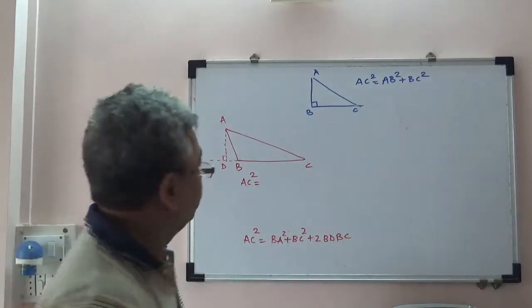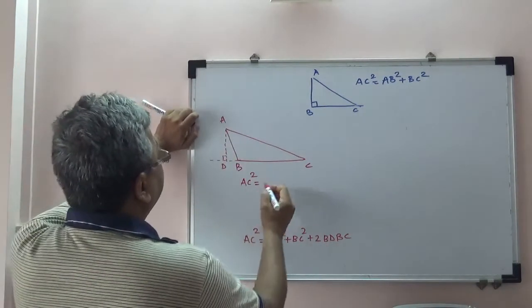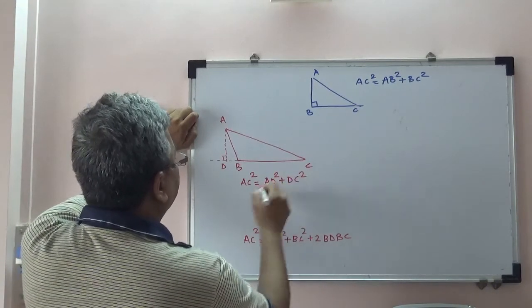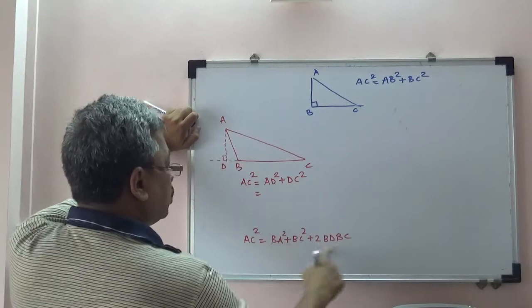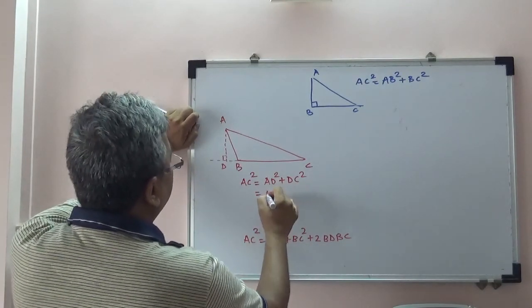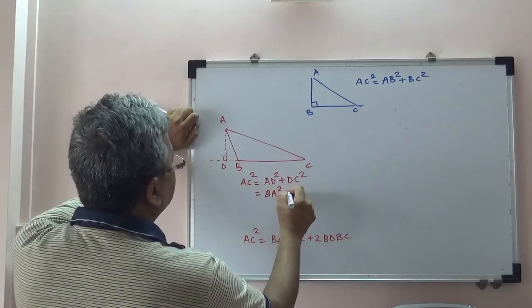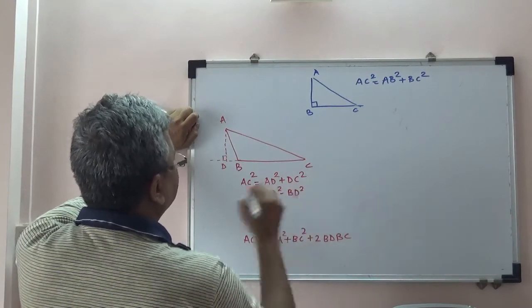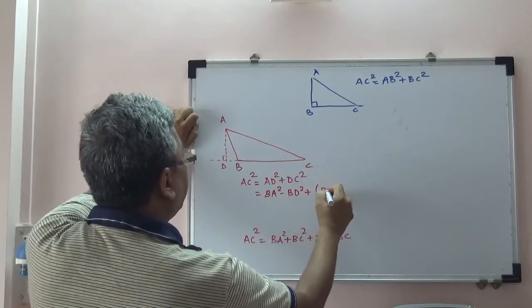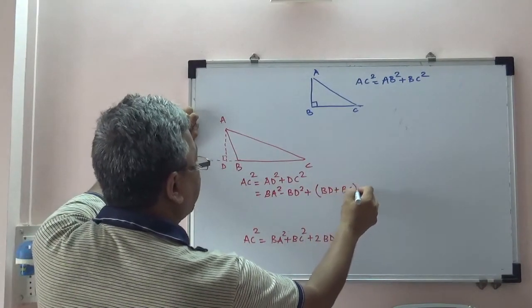Pause. Thank you. So again, AC square is AD square plus DC square. We don't want AD and DC both. We want BA, BD and BC. So AD square is equal to BA square minus BD square, plus, now DC is equal to BD plus BC, bracket square.